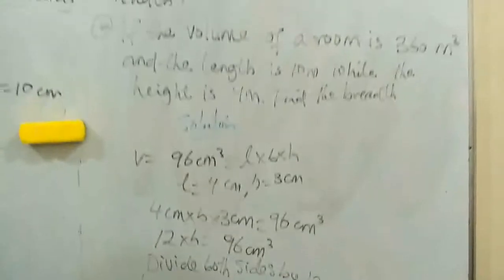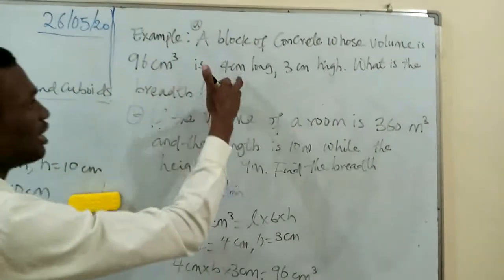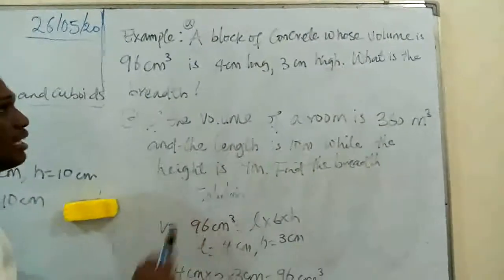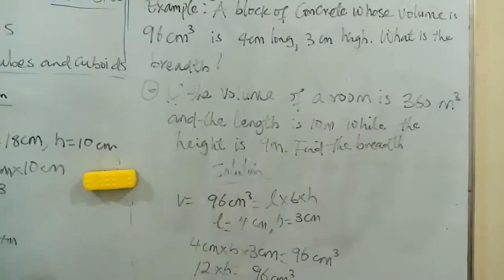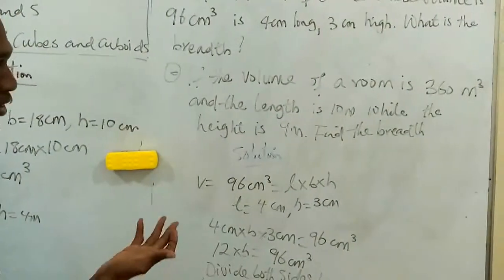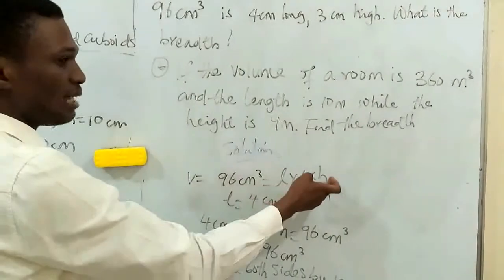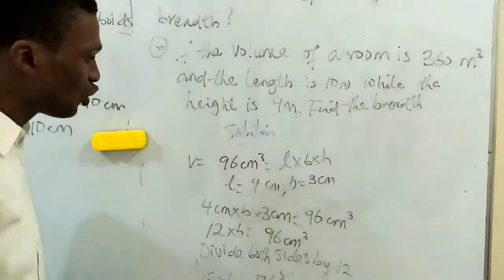We have to take it again. A block of concrete whose volume is 96 cm cubed, is 4 cm long, 3 cm high. We are to find the breadth of that concrete. And we are told that the volume of a cuboid shape is length times breadth times height, and we are given the volume to be 96 centimeter cube.